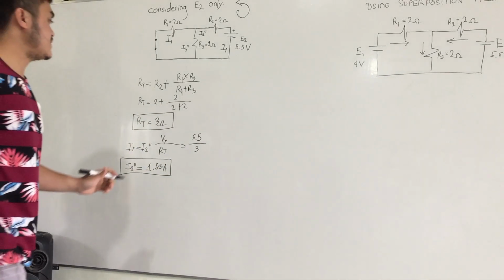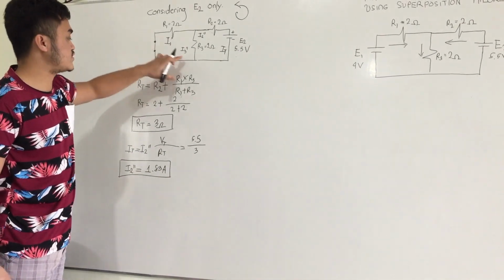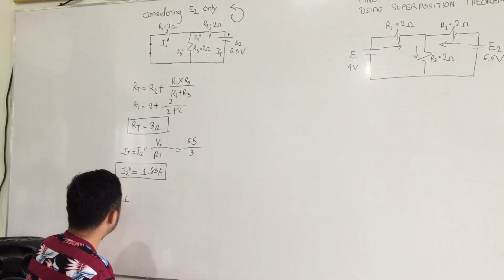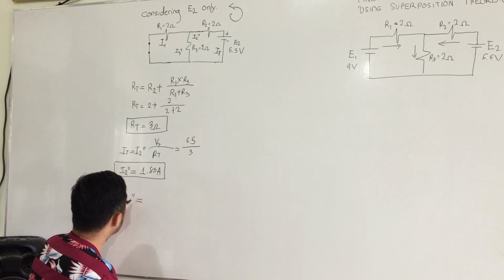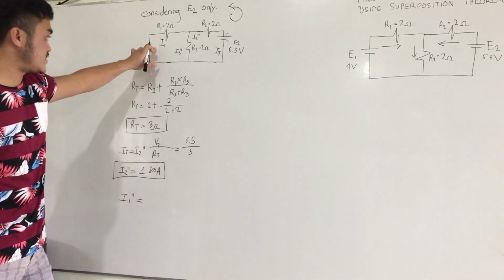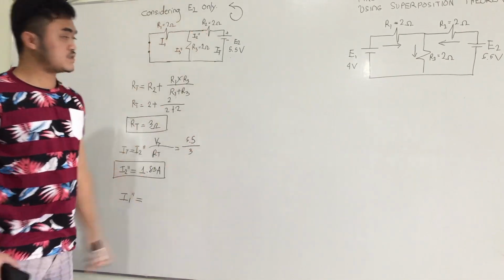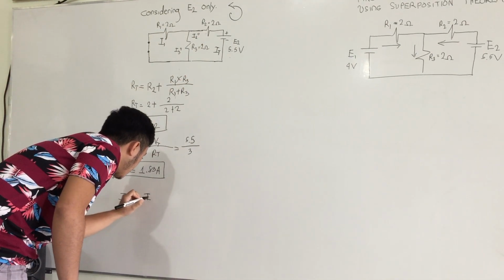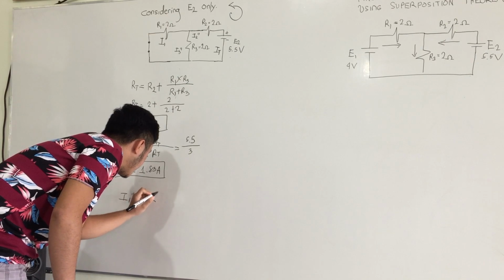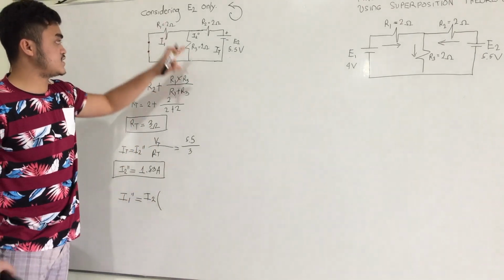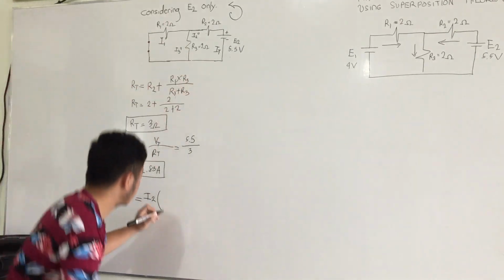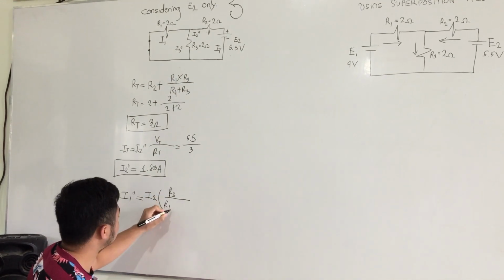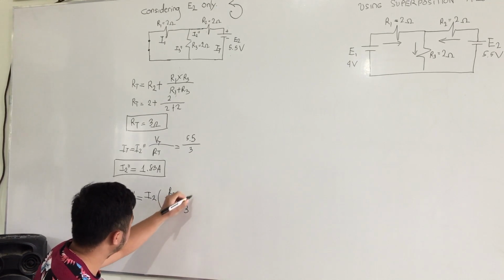Ngayon, ang hahanapin naman natin is yung I sub 1 double prime and yung I sub 3 double prime. So our I sub 1 double prime is equal to the resultant current. What is the resultant current? That is the I sub 2 double prime times the opposite resistance, that is the R3 over by R1 plus R3.